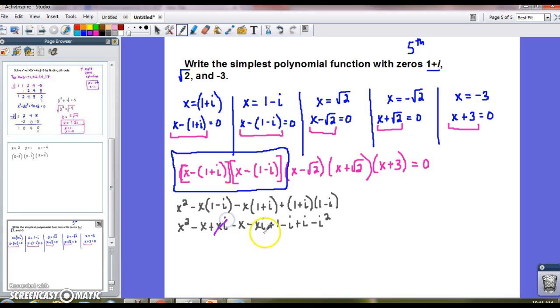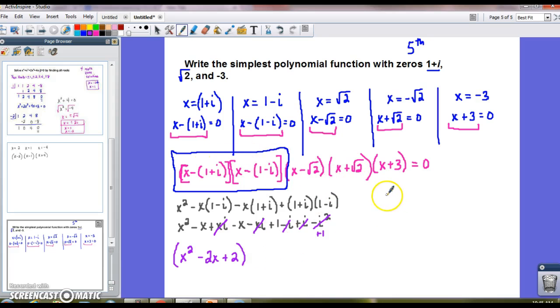Your positive xi, negative xi are going to cancel out. Your negative i and your positive i are going to cancel out. Remember, i squared is negative 1, so this term becomes positive 1. So you end up with x squared minus x minus x is minus 2x. 1 plus 1 is 2. That's that first part.